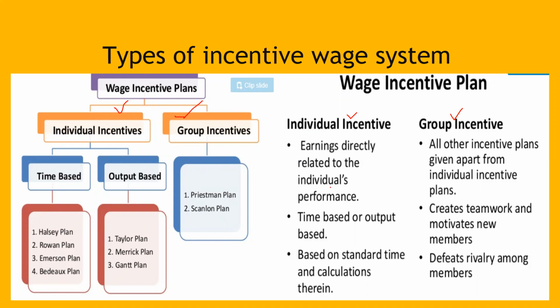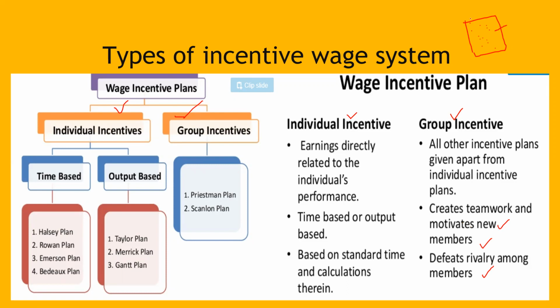All other incentive plans given apart from individual incentive plans create teamwork, motivate the team members, and defeat rivalry among the members. What happens in a group incentive is that they will consider the overall performance of the group. For example, assume that you are working in an accounting team of 6 members. That one team is considered to be a group, and you'll be having one team leader or a supervisor.